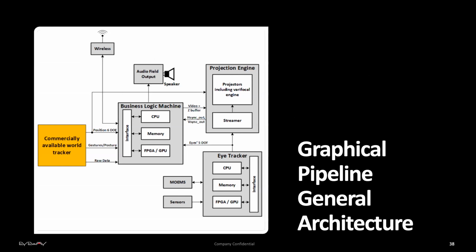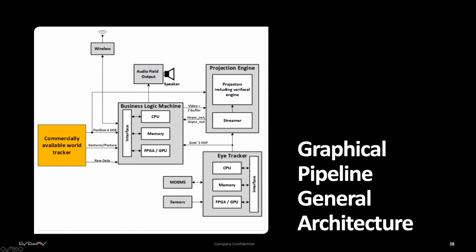So to explain a little bit about the graphical pipeline, basically what we have in the interfaces is wireless communication and commercially available SLAM. We have all the eye tracking elements, the MEMS and the sensors, and the GPU and the CPU that are relevant for these parts.